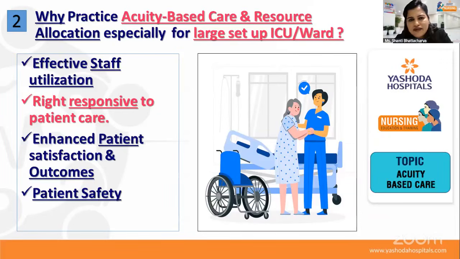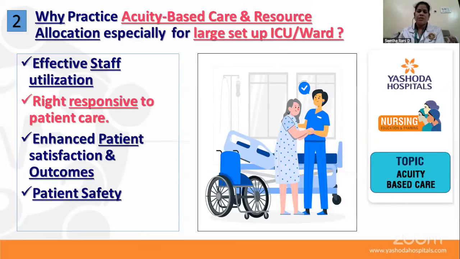Again, we would like to understand from you why practice this model of care and resource allocation, especially for a large setup like an ICU or the ward, because as you said, you are working with a 30-bedded surgical ICU at your setup. What does it have to say? With this acuity-based patient care, we have effective staff utilization. There is the right response to the patient care. There is enhanced patient satisfaction and outcomes.